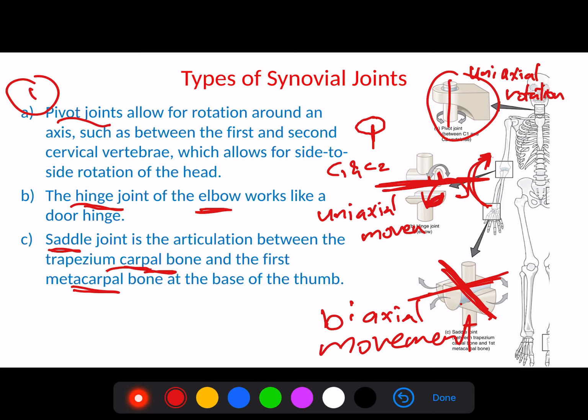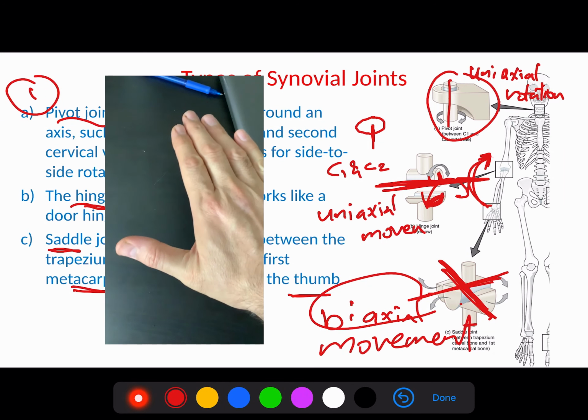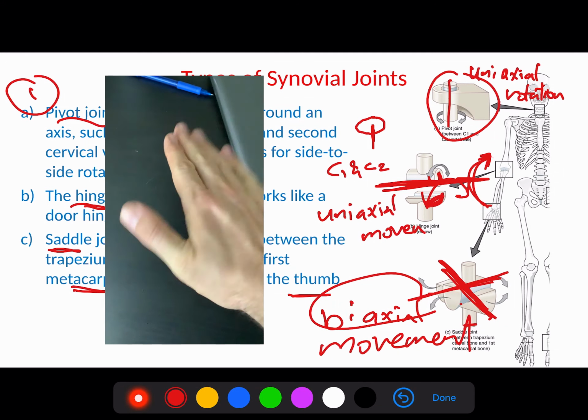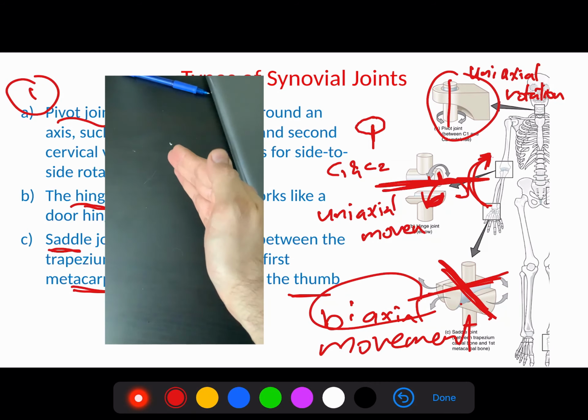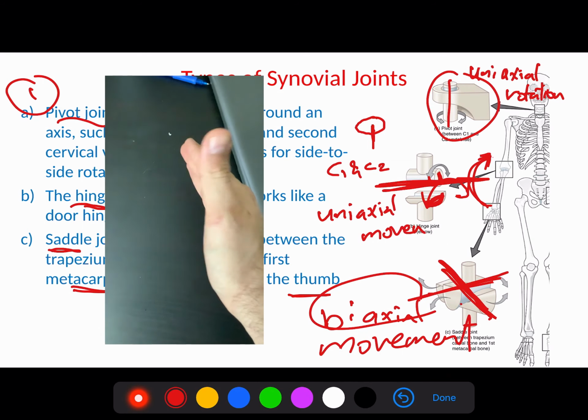That's the base of the thumb. So the thumb can move in two directions, and that is biaxial movement. The first one was like this, and this is the second one.